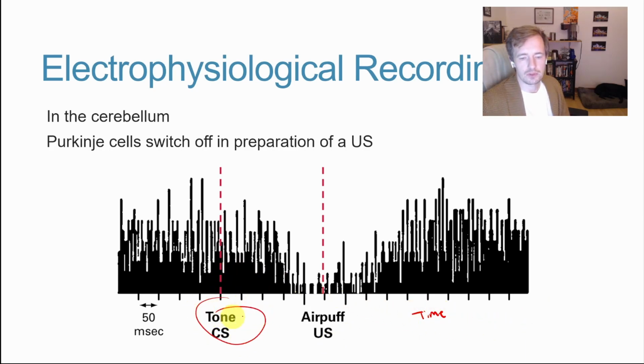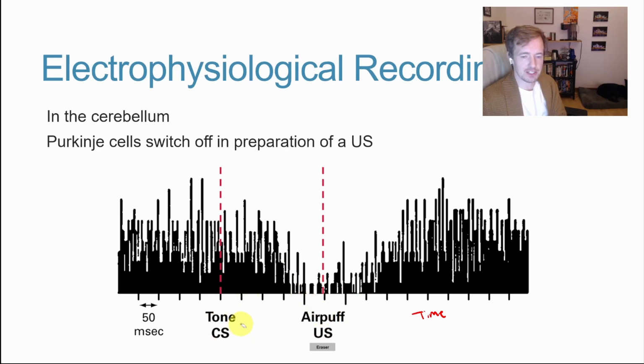Here we have a tone, which would be a conditioned stimulus, a beeping sound. Then the unconditioned stimulus, as you may remember, is a stimulus that immediately triggers a response in you. You don't need to learn it. Here it's an air puff. Basically, they blow a little bit of air in somebody's eyes and watch them blink. So what you're looking at here is a tone being made, and then the unconditioned stimulus occurs.